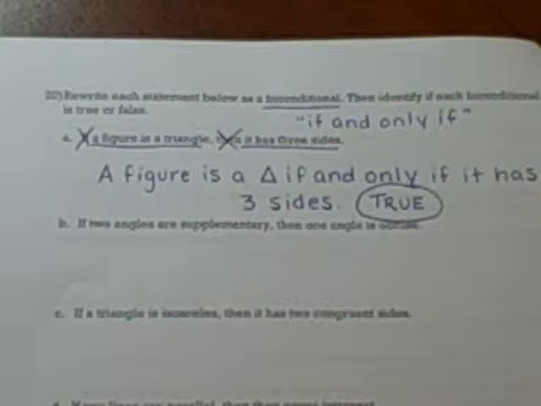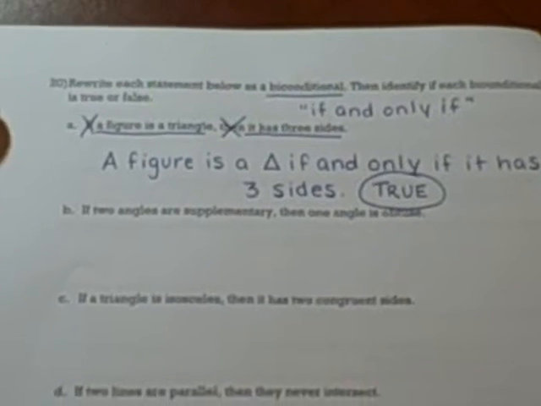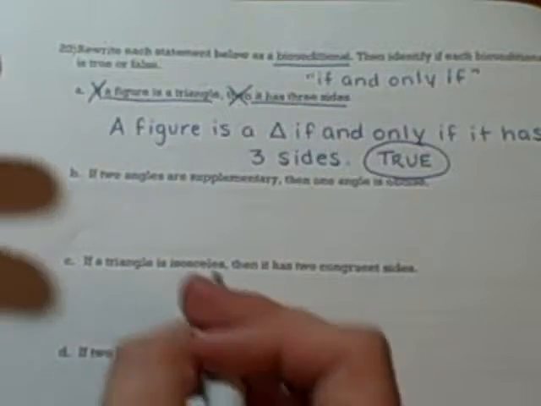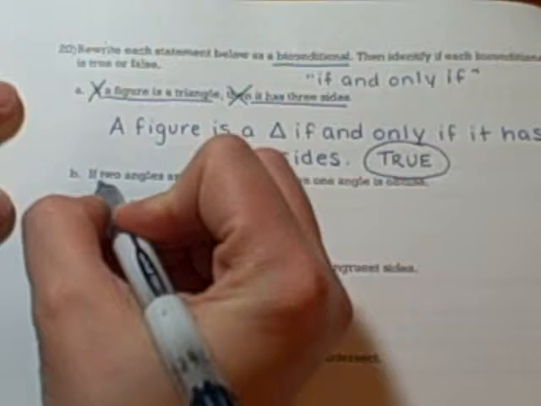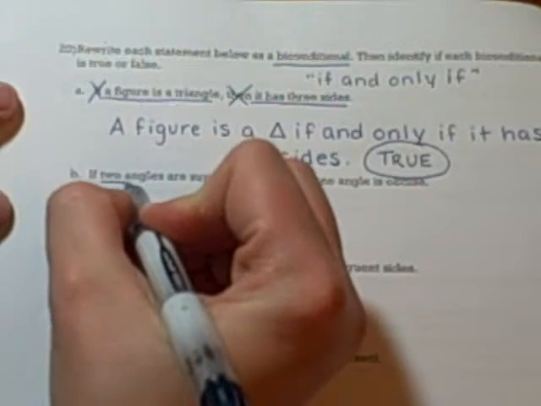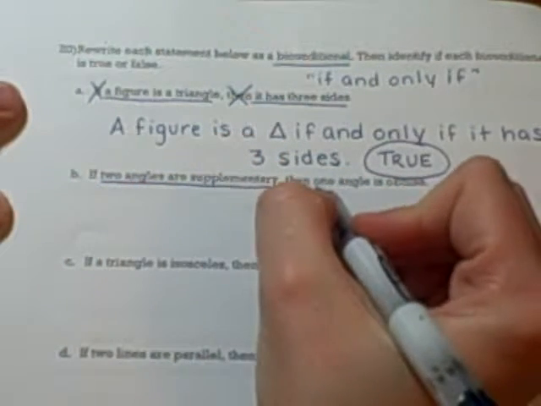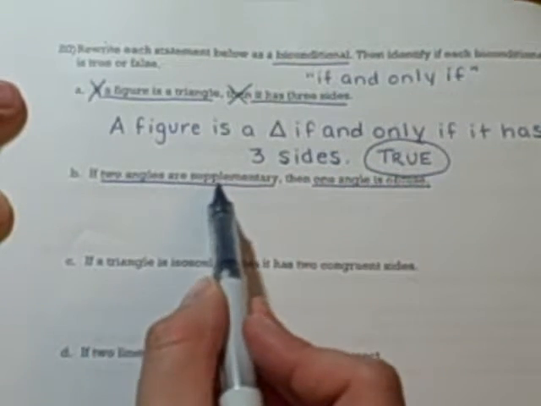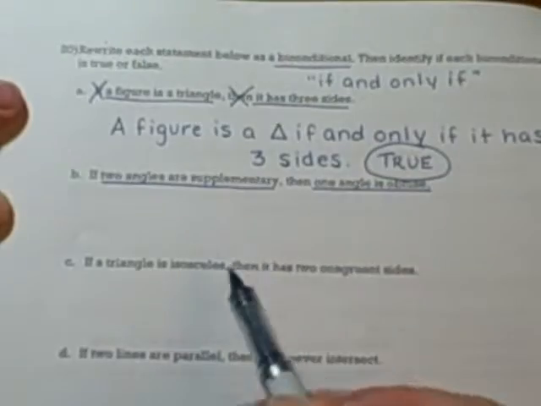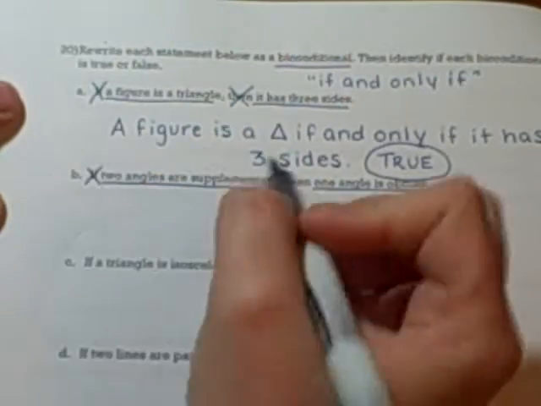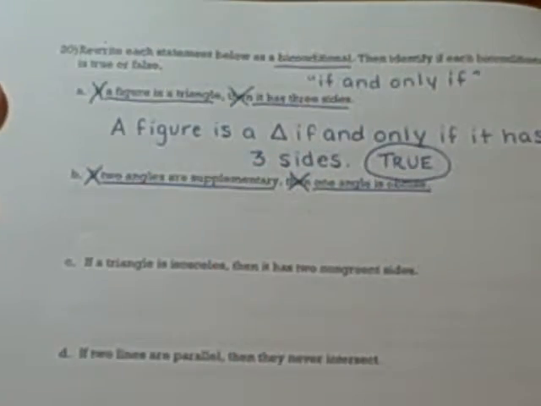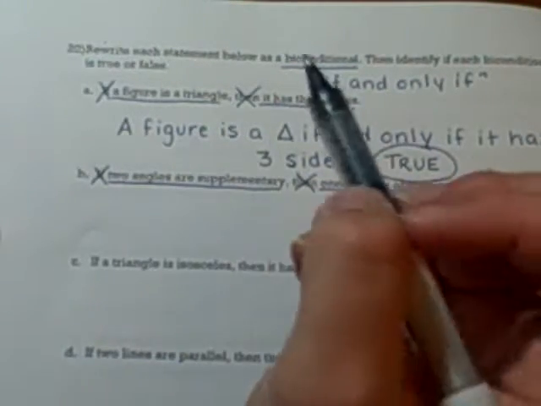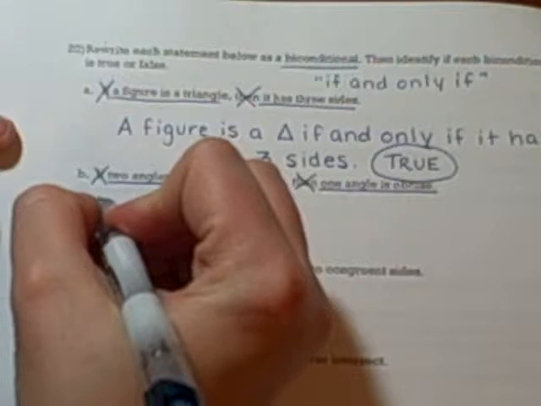Okay. If 2 angles are supplementary, then 1 angle is obtuse. So once again, I'm going to identify the hypothesis and the conclusion. And remember, the hypothesis and the conclusion do not include the "if" and the "then." The hypothesis comes after the "if," and the conclusion comes after the "then." And then I'm actually going to cross off the "if" and the "then." Okay? And I'm going to take that magic phrase, "if and only if," and put it in the middle.